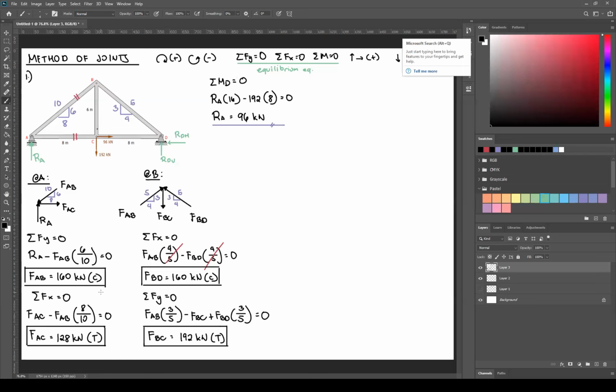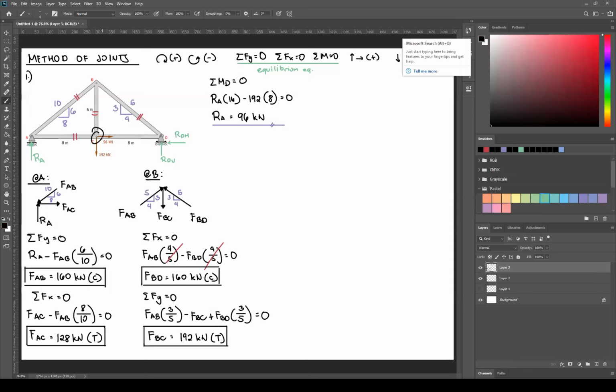So you have to copy that compression again on the other joint. So here, this is your joint, so it should be in compression again, towards the joint. Okay? Again, copy compression or tension. All right, so that's A and B. And I've solved for BD and BC. So the only thing left is solving for CD.